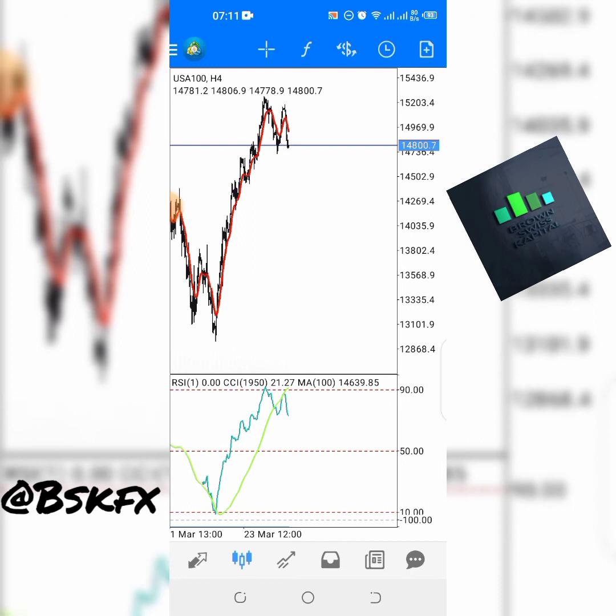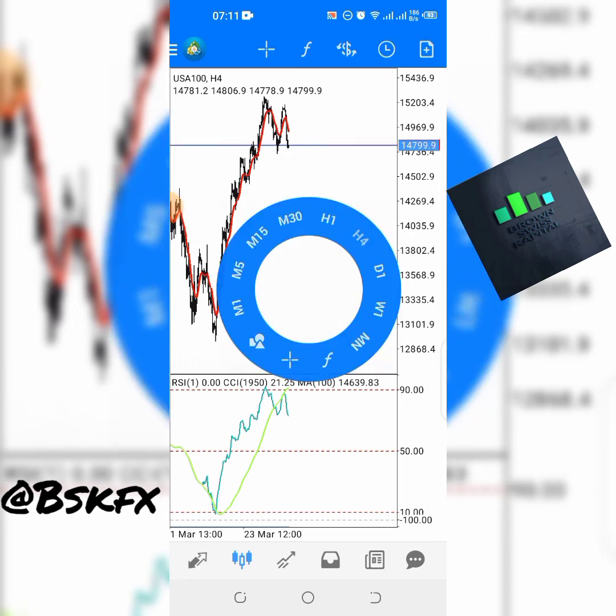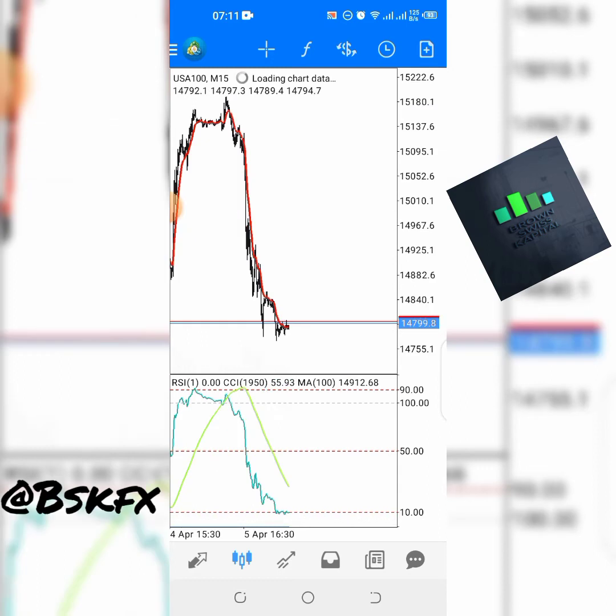For these two financial instruments, the gold and Nasdaq, I like to trade them on the 15 minutes time frame. So let's just switch. Here we were on H4, now the 15 minutes time frame. Okay, so what are the rules?